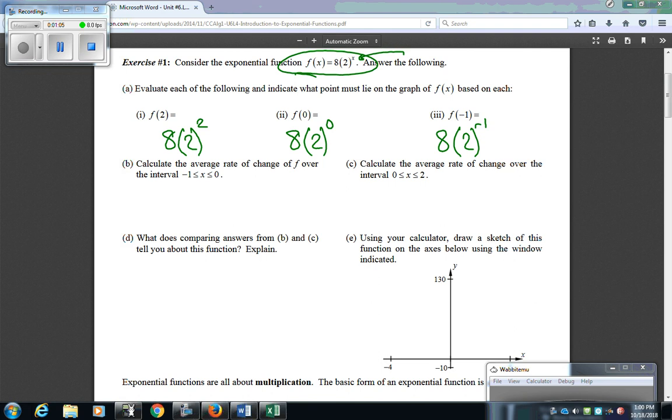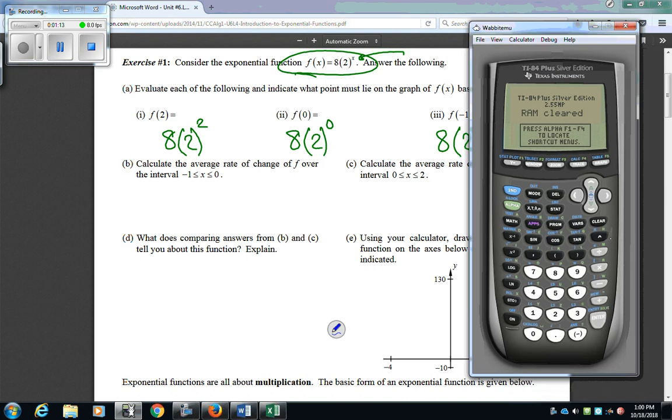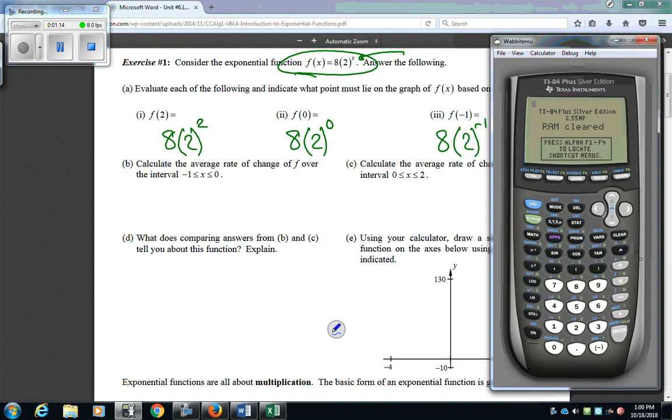So I'm going to take the calculator, and just remember you have to use this button right here. That button will give you the exponents. So we got 8 parentheses 2, and putting the exponent of 2. So that answer is going to be 32.